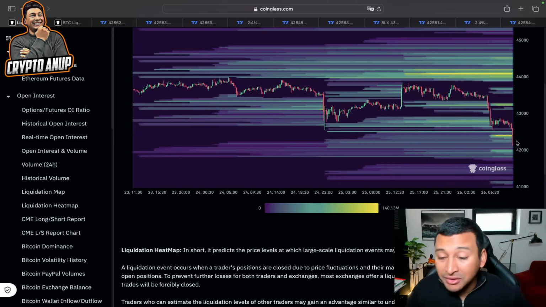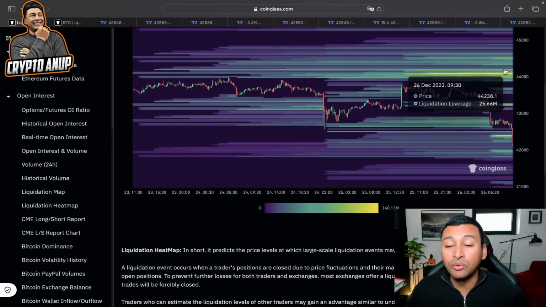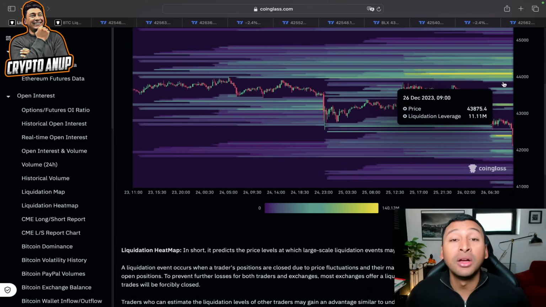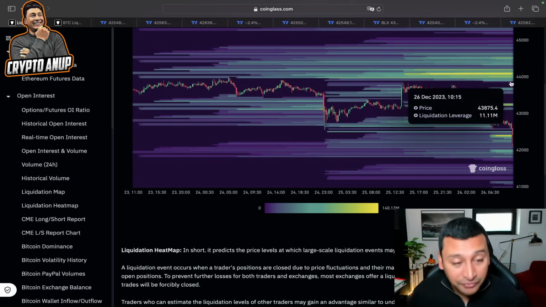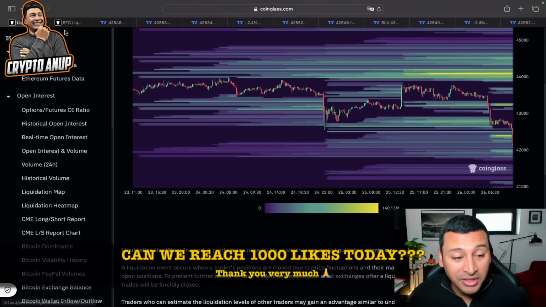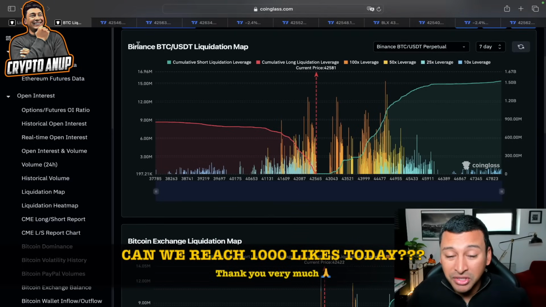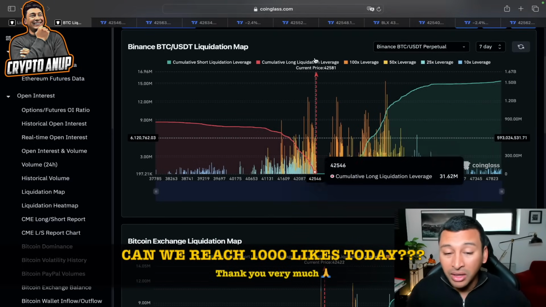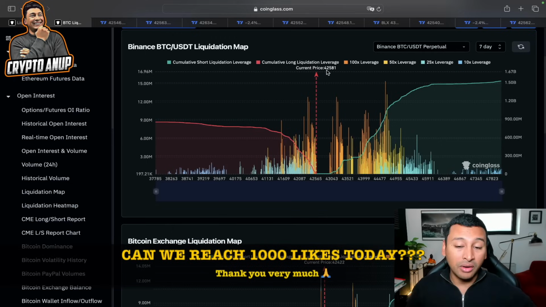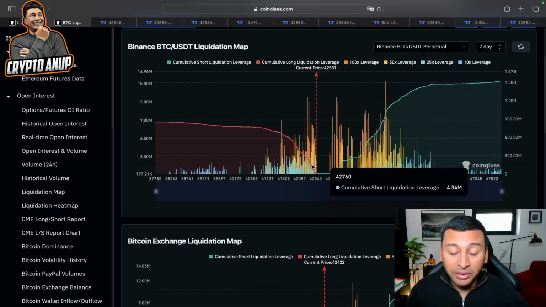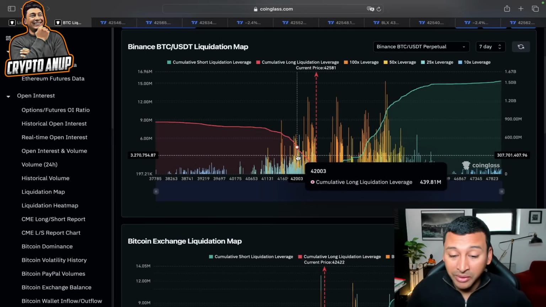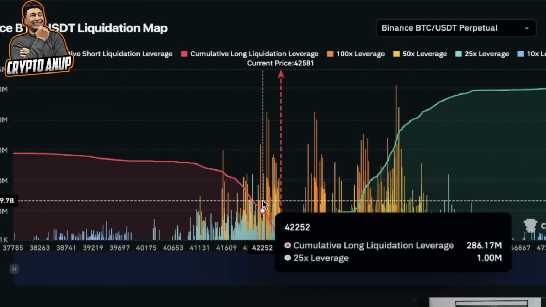So even if the price of Bitcoin shows another corrective move around that area, I think after that we are going to see another massive move where we could be getting attracted around this high liquidation area of 44,000 before deciding the trend direction. Yes, you heard that correctly. If you look at this Binance Bitcoin USDT liquidation map one more time in a slightly different way, you can see the current price level around 42,500, and on the left hand side you can see all the long liquidation leverage.